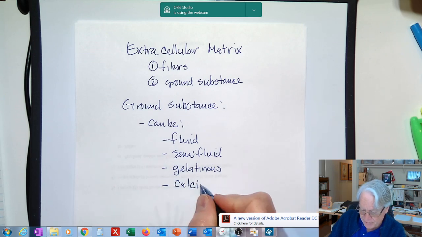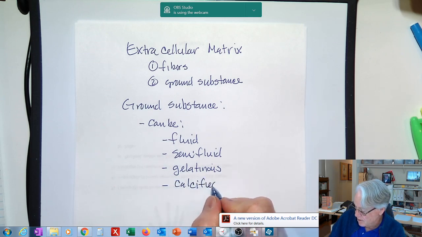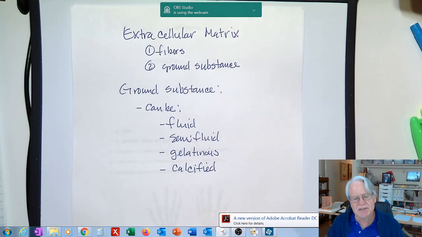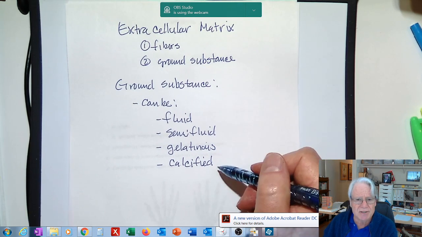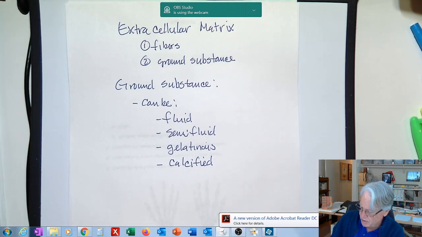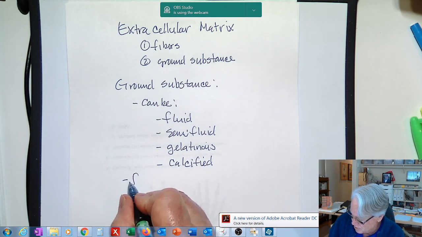So it has a lot of different consistencies. And those consistencies depend on the amount of water as well as the type of compounds and chemicals that are part of the ground substance. So we have a lot of flexibility in terms of the consistency of ground substance, everything from fluid to solid and everything in between.